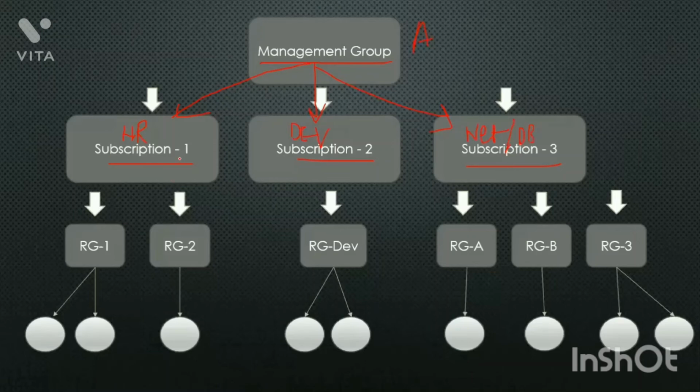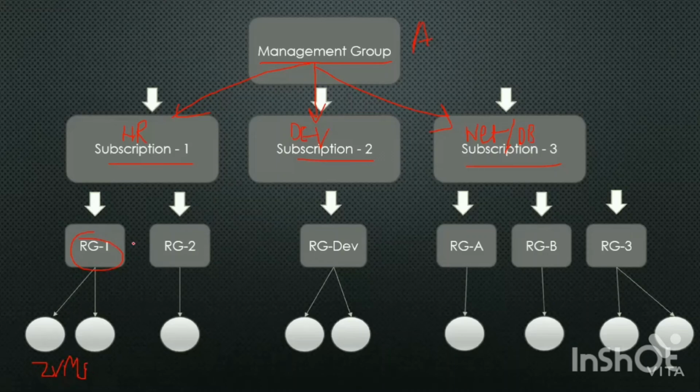For subscription 1, we can provide or create a policy that this subscription cannot create more than 2 resource groups, and, say, in resource group 1, it cannot create more than 2 virtual machines or 2 SQL servers, anything as per the demand or as per the company organization policy.